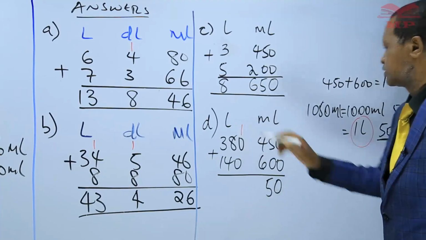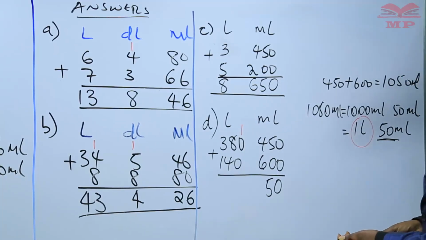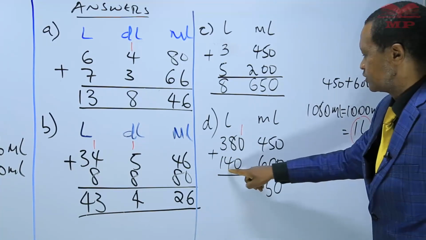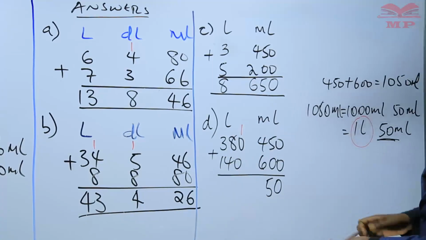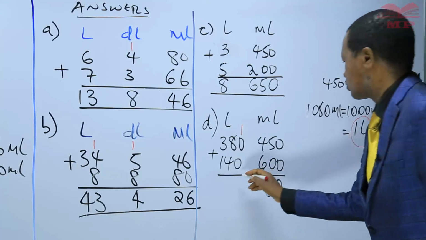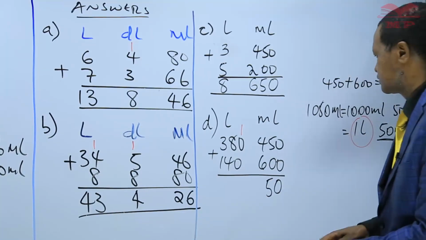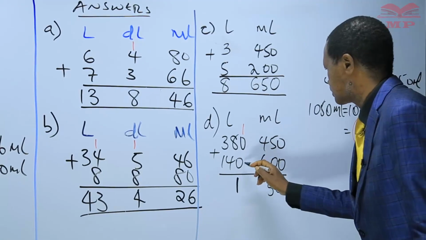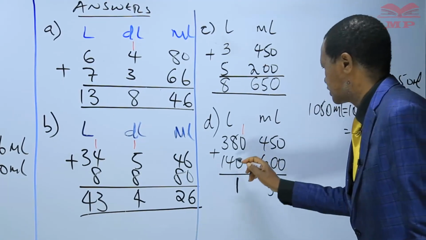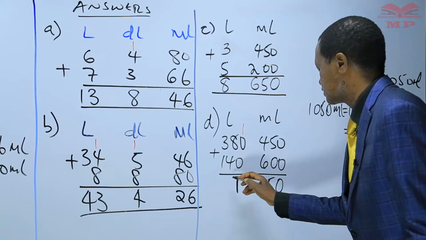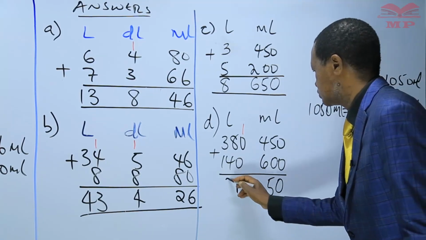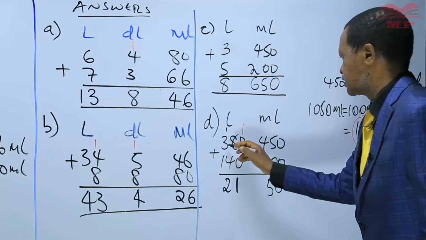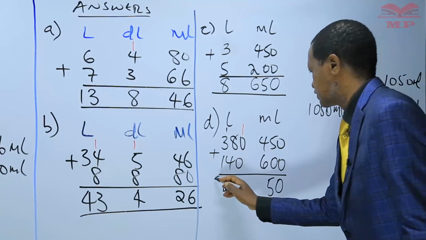We have 1 liter. So this 1 liter will add to 380 liters plus 140 liters, and that will give us 1 plus 0 is equal to 1. 8 plus 4 will give us 12. We write 2, carry 1. So we have 1 plus 3 plus 1 is equal to 5.